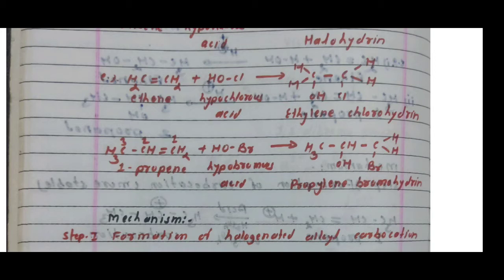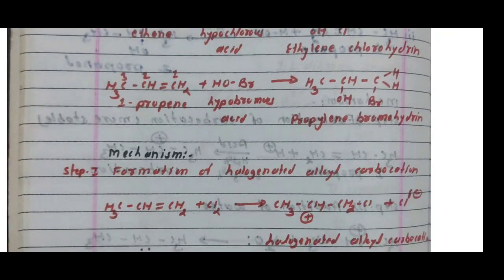Name of this compound is propylene bromohydrin. Means ethene reacts with hypochlorous acid, formation of ethylene chlorohydrin, and propene reacts with hypobromous acid, formation of propylene bromohydrin. These are the two reactions of hypohalous acid.